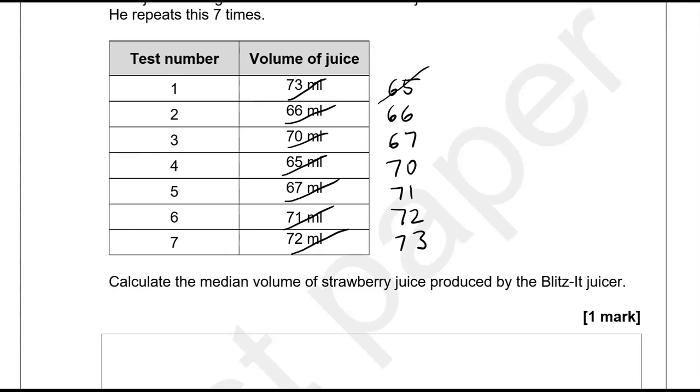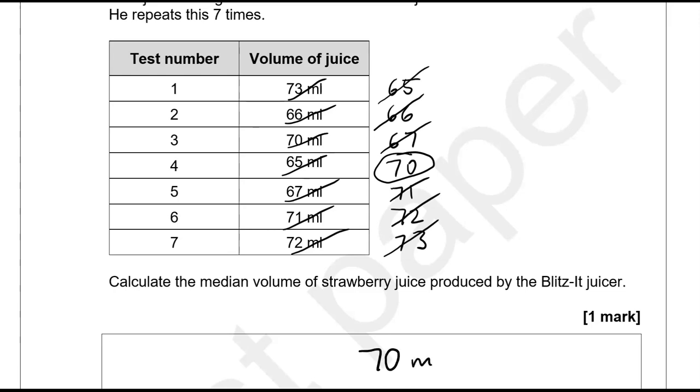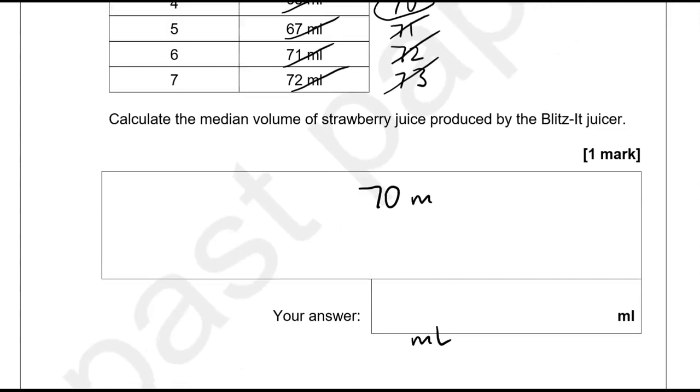Crossing them out each side to find the middle number or numbers, we get 70. So 70 milliliters is the median.